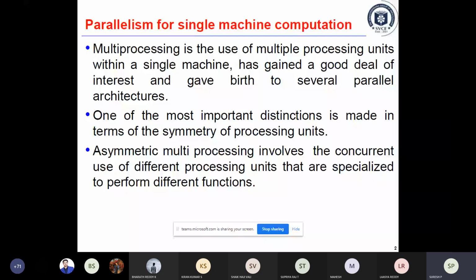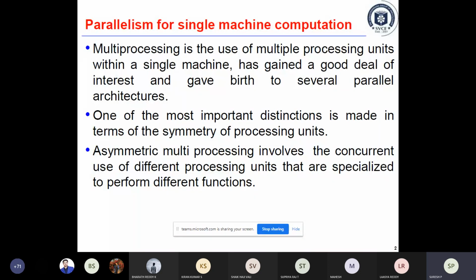This symmetric multiprocessing system has all its input and output devices. Whatever OS is installed on that type of system, the scheduling is self-scheduling. So in symmetric multiprocessing, the scheduling is self-scheduling.